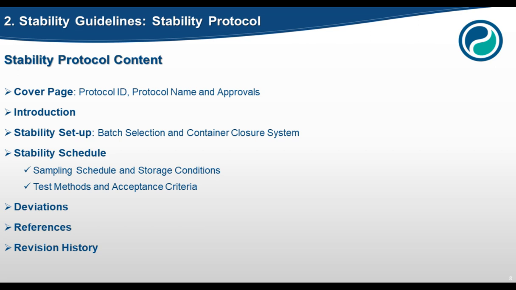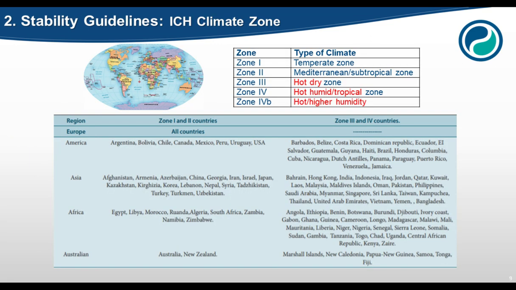And in the stability schedule, we have tabulated information about sampling schedules and storage conditions. And we also list the detailed information about testing procedures and acceptance criteria. And this is a GMP document. For sure, we have deviations referenced, and we also document the revision history of the stability protocol.